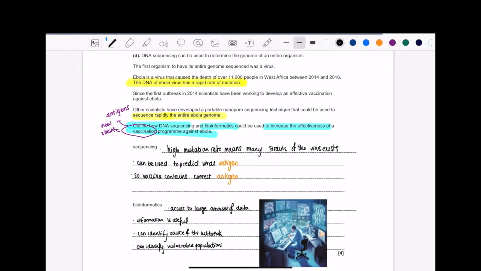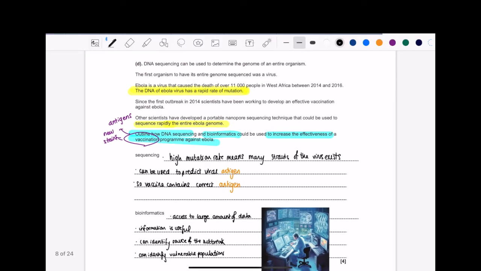So in terms of the question, I would read the information up the top of the page because I feel like it's going to help guide me in how I should think about it. So let's read. Just skimming through, I've highlighted the most important parts that I think will help me to answer the question.